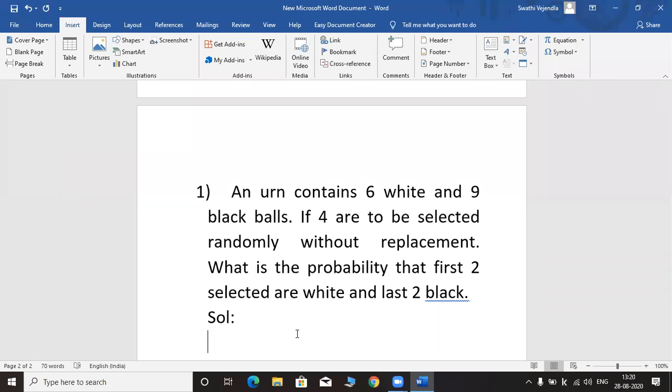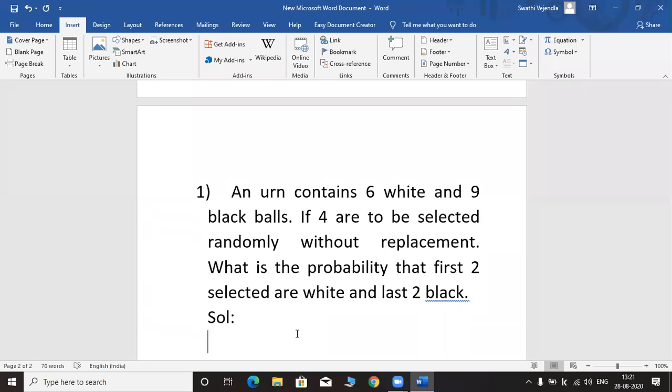You already know permutations and combinations, isn't it? According to that concept, you can solve this problem. So how can we select 2 white balls from the 6 white balls? How many combinations?